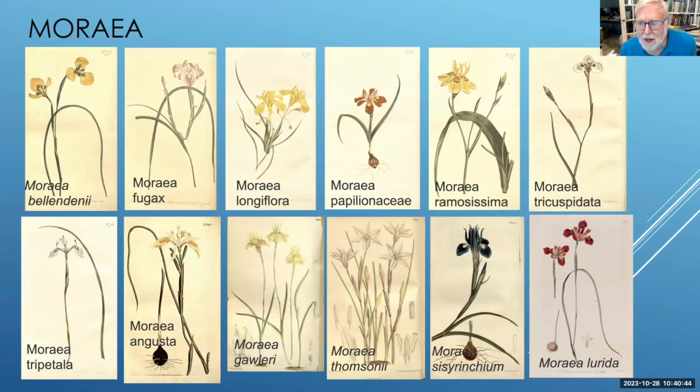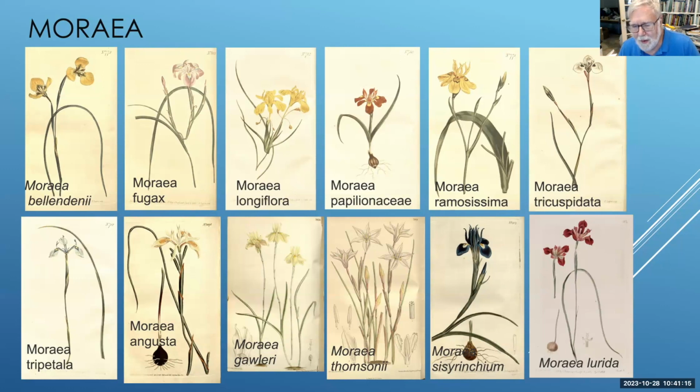The Moraeas are another group I really like. And Moraeas have lots of times been called irises because a lot of them look so much like an iris. If you look at the second one from the right at the top, Moraea racemosa, notice the large style arms sticking up, just like an iris.